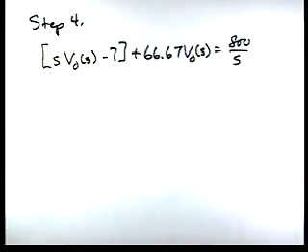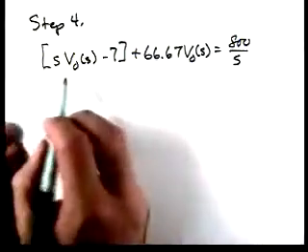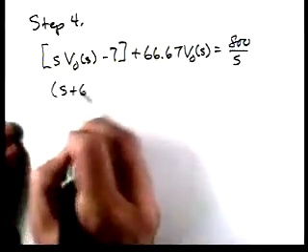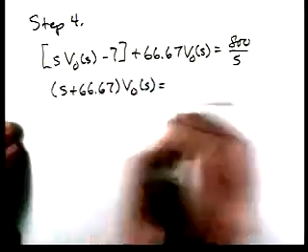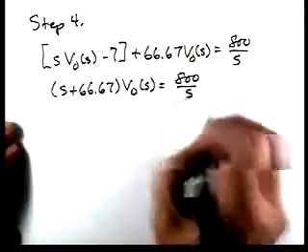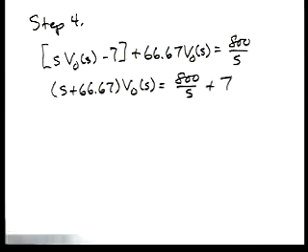Okay, so there we're cleaning up terms and rearranging. So now we get s plus 66.67 times V0 of s is 800 over s plus 7.